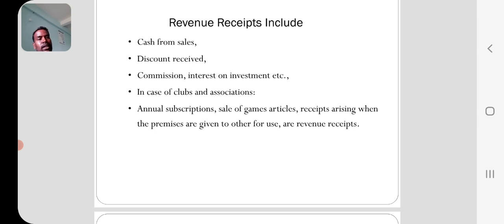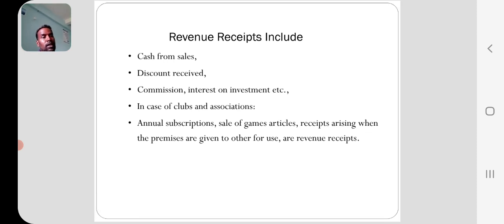In case of clubs and associations, annual subscriptions, sale of games articles, receipts arising when the premises are given to others for use are revenue receipts.